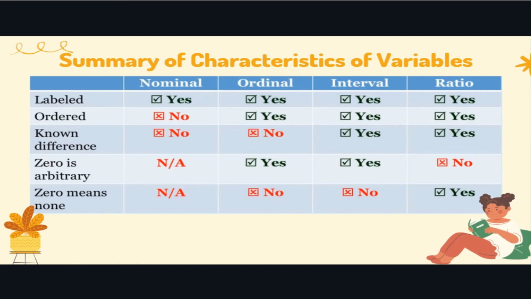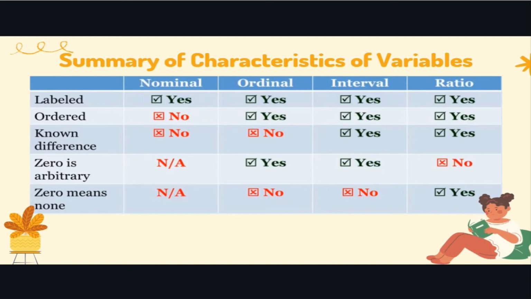So in the table summarizing the characteristics of variables, we have to remember the following. If it is only labeled, then it is nominal. If it is labeled, ordered, and zero is arbitrary, then the variable is ordinal.